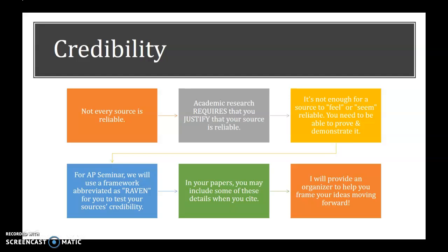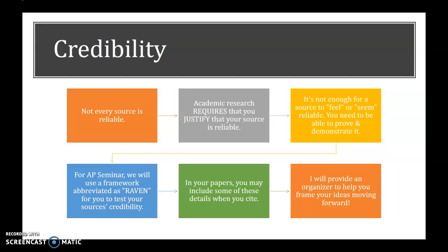And when you write your papers, sometimes you're going to have to actually write out in a paper some of the pieces that make a source trustworthy. So like I said, we're going to use a framework abbreviated as RAVEN, and we're going to talk about that for the rest of this presentation. And I'm going to give you an organizer.